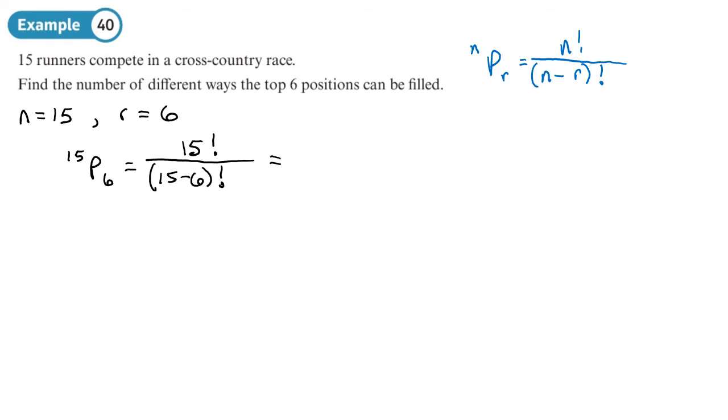So I'll use the P button, so I'll just type in 15, shift and times, and then 6, and I will get 3,603,600. There we go.